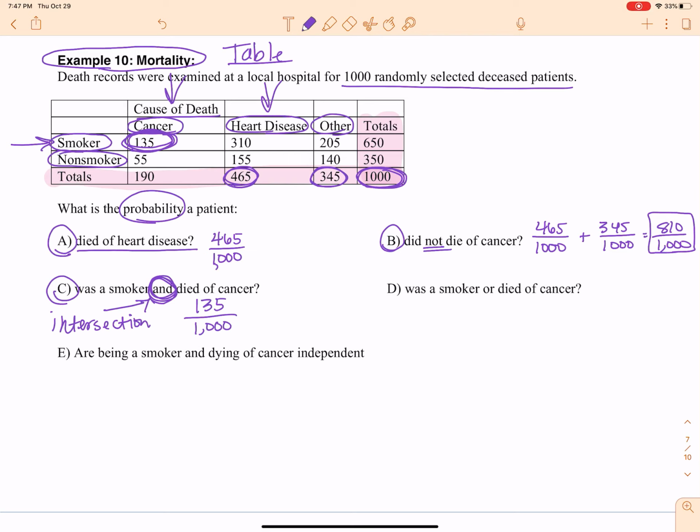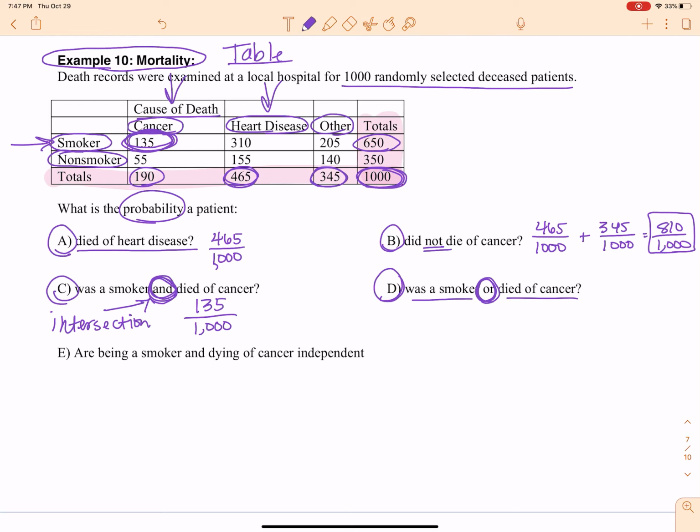All right, part D. What's the probability that a patient was a smoker or died of cancer? Okay, you have to consider those who smoke or died of cancer. So all of the smokers are 650 people, and all of the cancer deaths are 190.